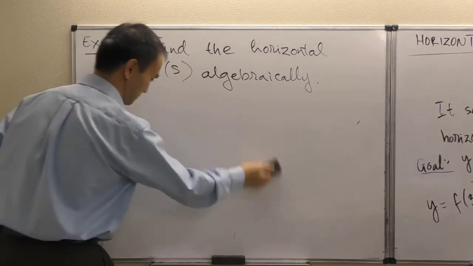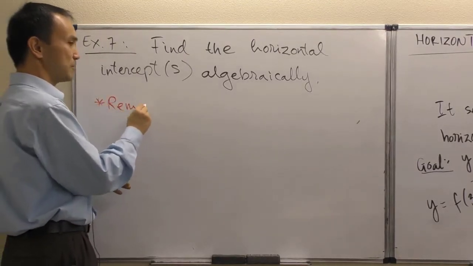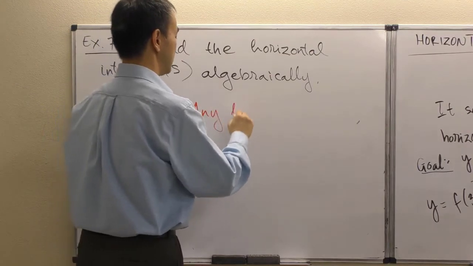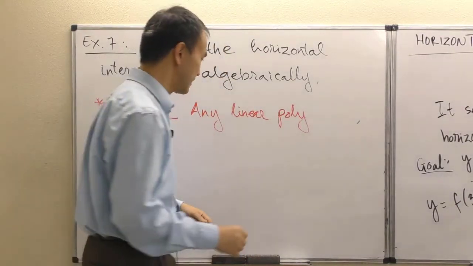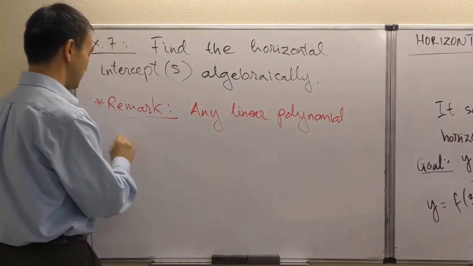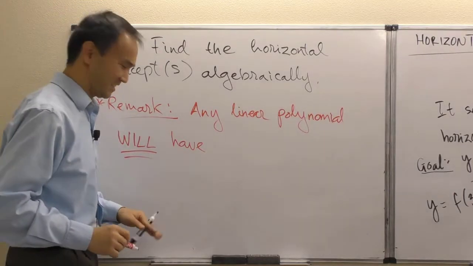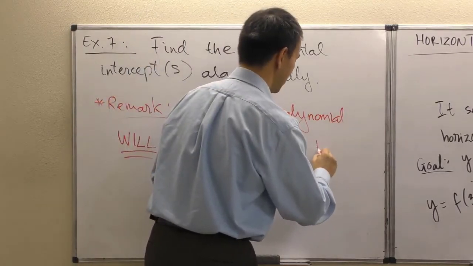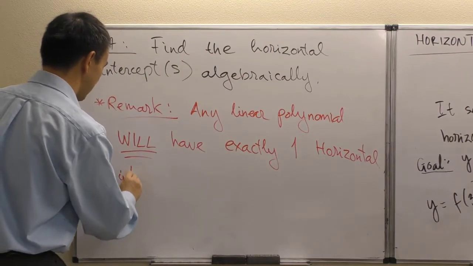But now the general conclusion I would like to make at the end of example 7 is that we can take this as a remark, and you may want to treat that as a red remark because it's important enough to notice: any linear polynomial, a polynomial of first degree, will have exactly one horizontal intercept.